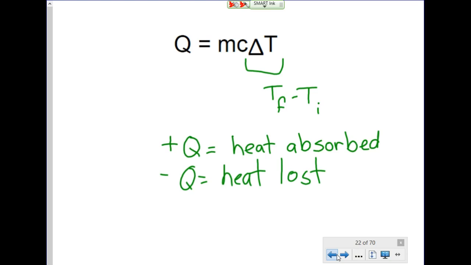But remember, back in the 1700s, they didn't have the fancy scientific tools that you have even just in our science lab. So this actually shows how the caloric theory was disproved. It shows that heat is not a thing, because if it was a thing, the mass of the block should have become heavier, but it didn't.